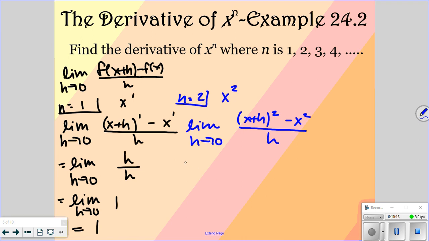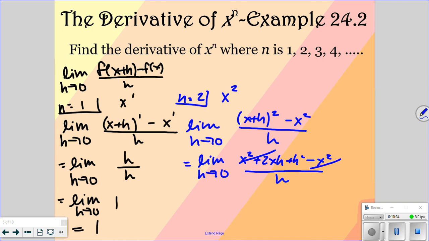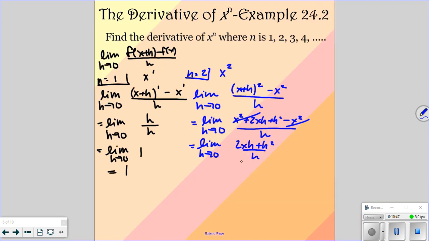Okay, so then from there, we're going to have, as our limit of h approaches 0, distribute this, you would get x squared plus 2xh plus h squared, and then minus x squared all over h. Your x squareds are going to cancel, and you're going to have 2xh plus h squared over h. And then from there, we can cancel an h from each term.